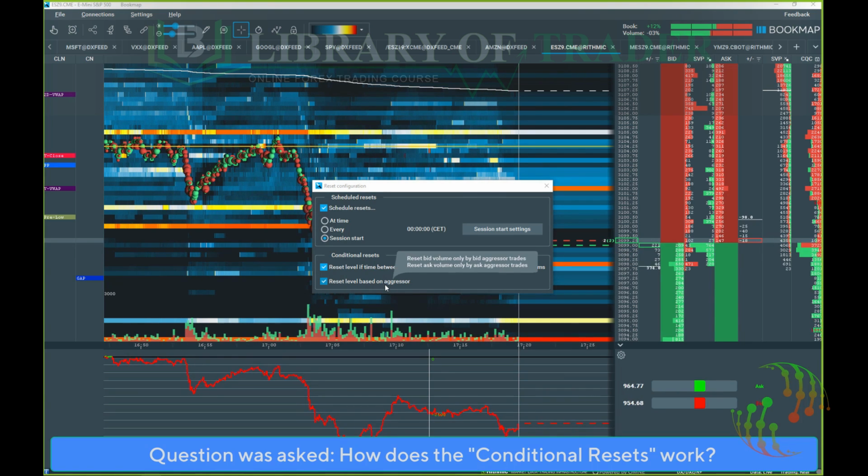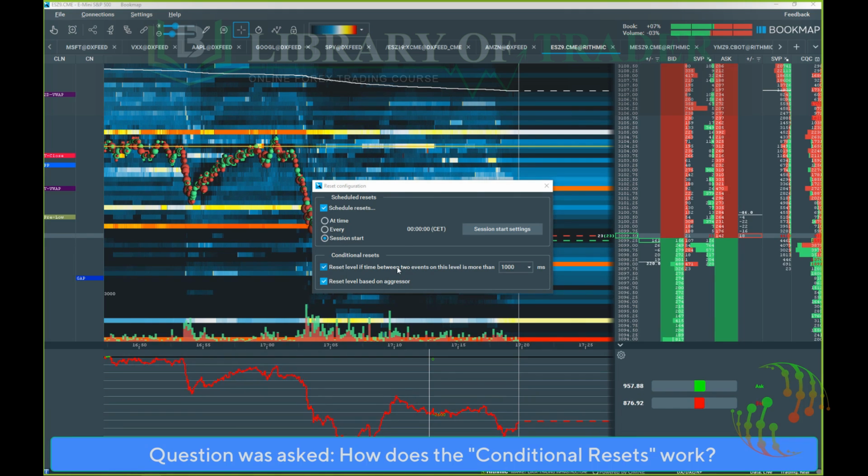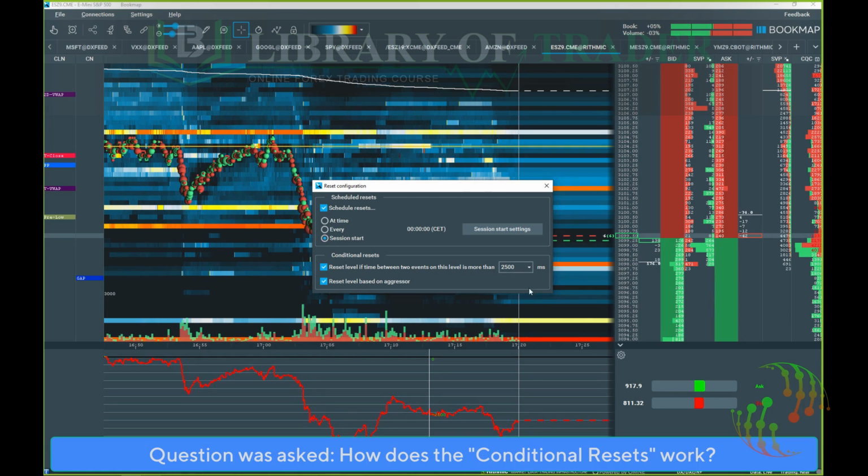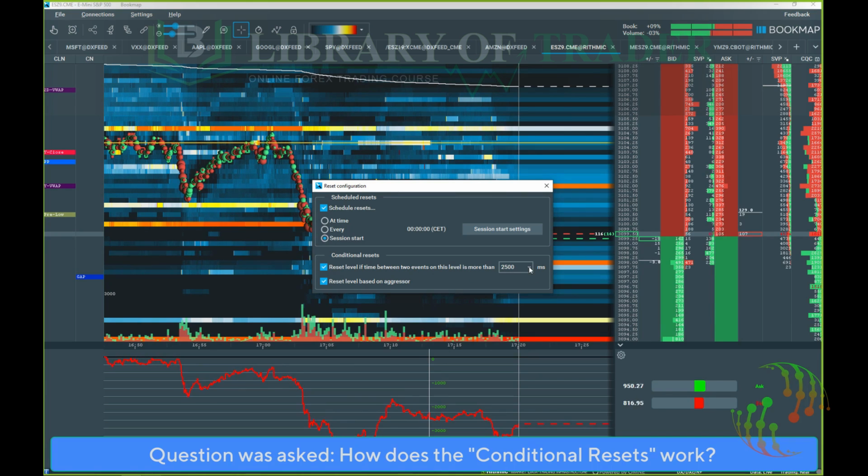It means when he goes from buy to sell, or vice versa, from sell to buy. Then this is one condition. The second condition is reset time level: if the time between two consecutive events on this level is more than 1000 milliseconds.